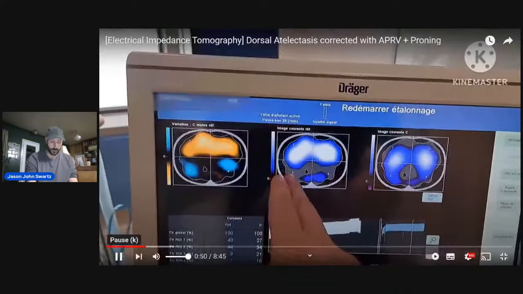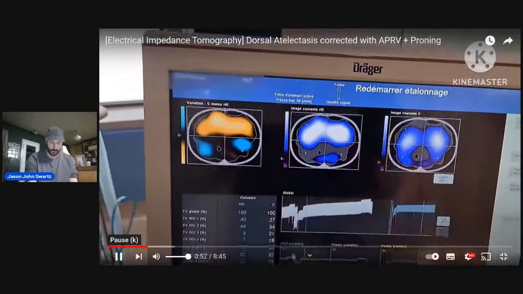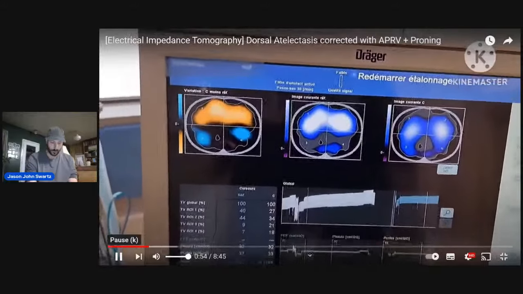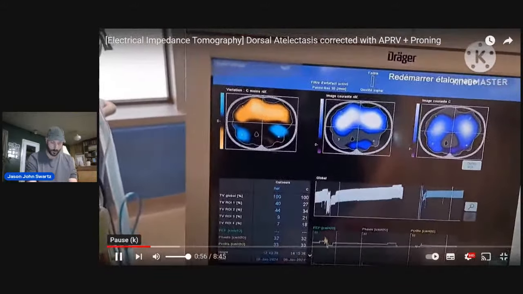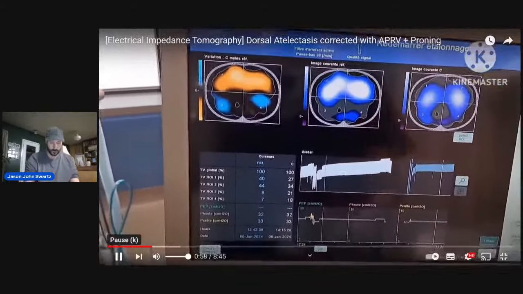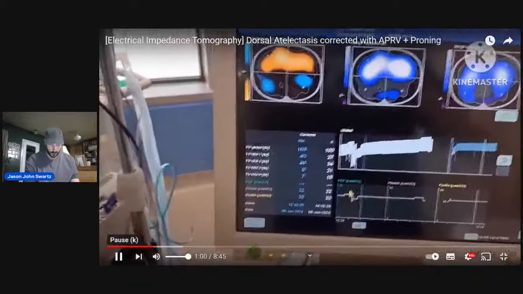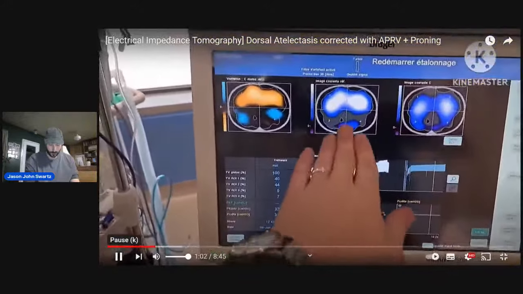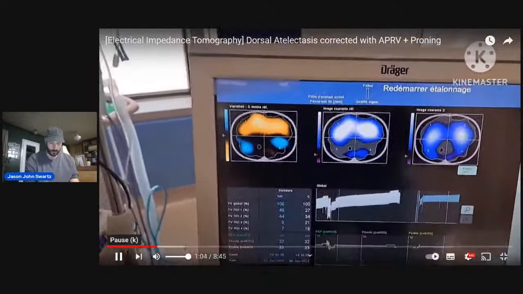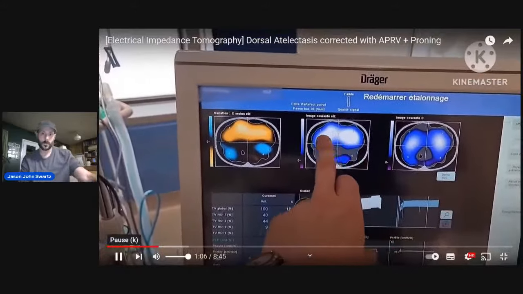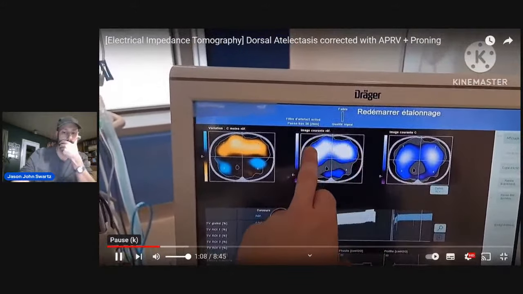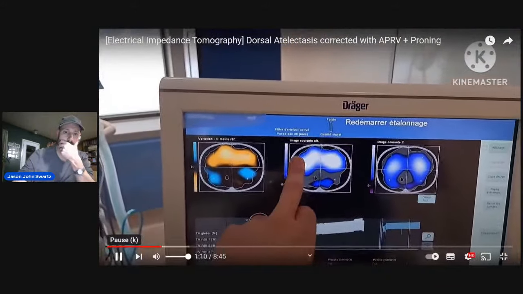Very poor in regions 3 and 4, the dorsal regions, and we tried APRV because ACPC wasn't helping at all with anything. APRV was just creating a stronger white band across the chest.